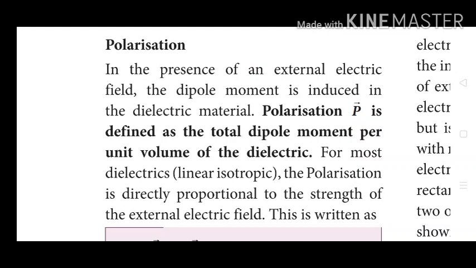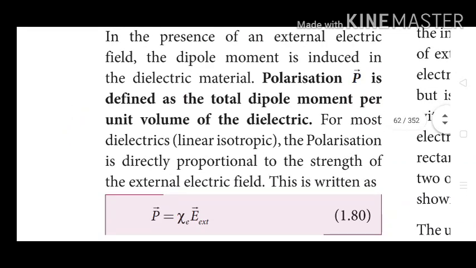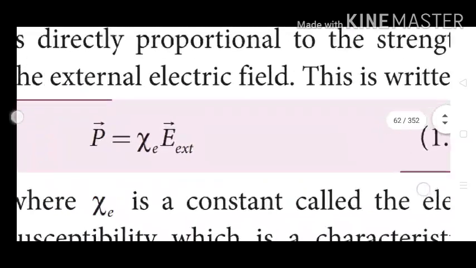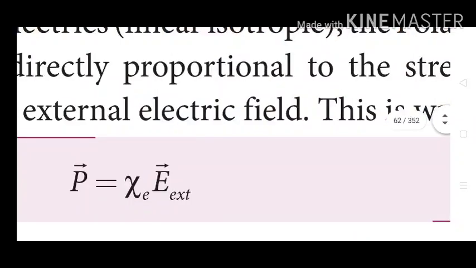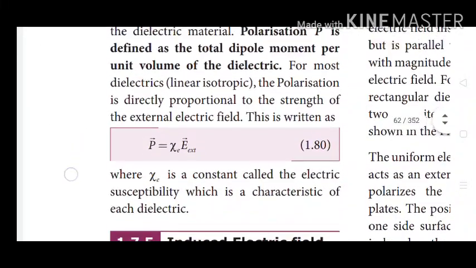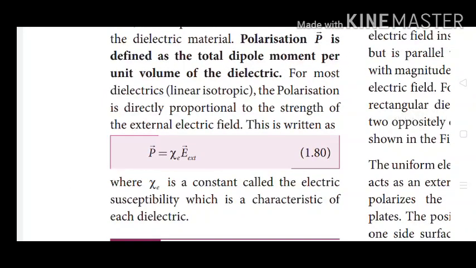For most dielectrics, which are linear and isotropic, the polarization is directly proportional to the strength of the external electric field. This is written as P vector equals chi times E vector external, where chi is a constant called electric susceptibility, which is a characteristic of each dielectric.